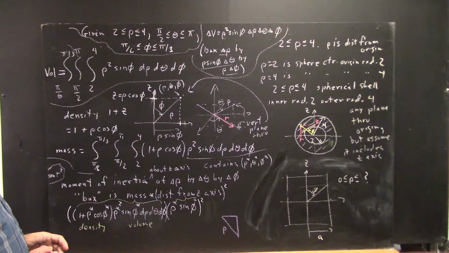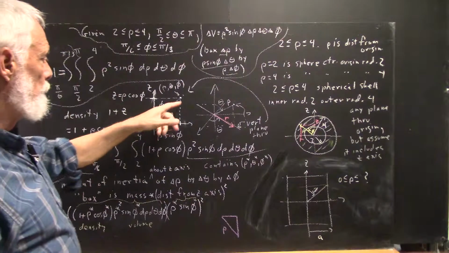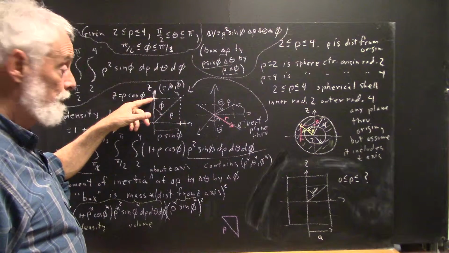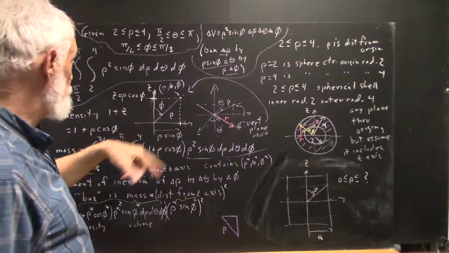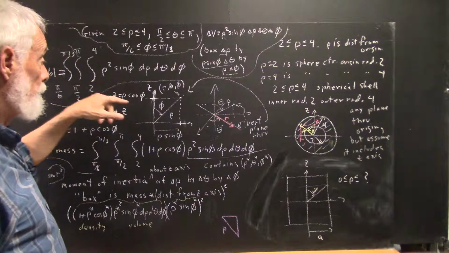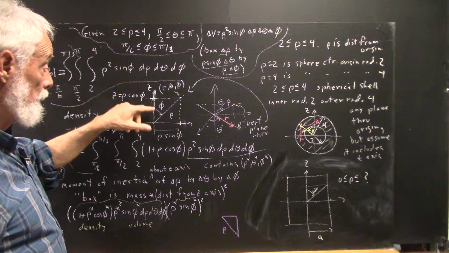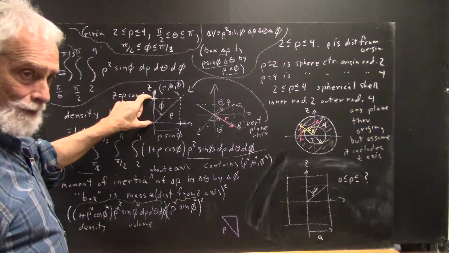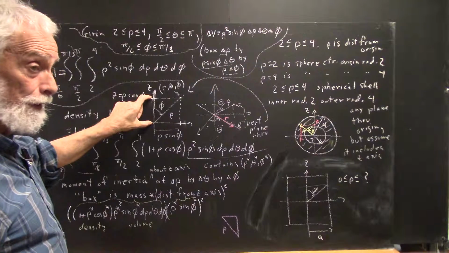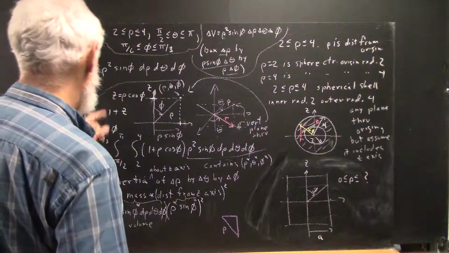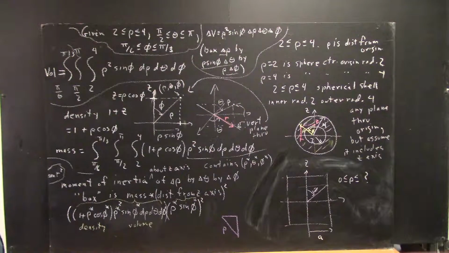Now, what's your z-coordinate? The z-coordinate is just the projection of this thing onto the z-axis. And if you look at this triangle, it's clear that that projection is z equals rho cosine phi. Okay, here's phi. This side here is your z-coordinate, and it's adjacent to the angle, and rho is the hypotenuse, so z is rho cosine phi.